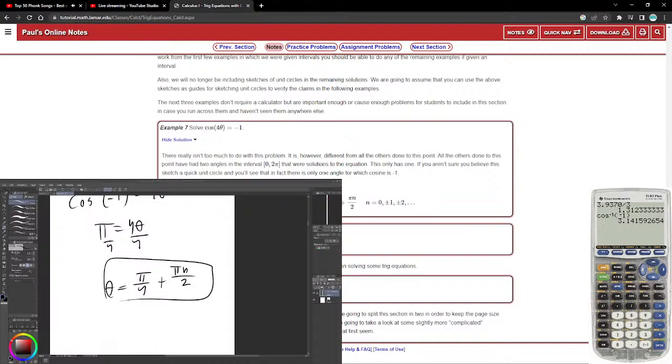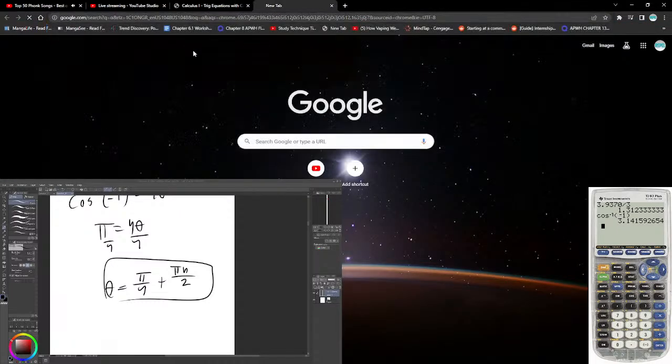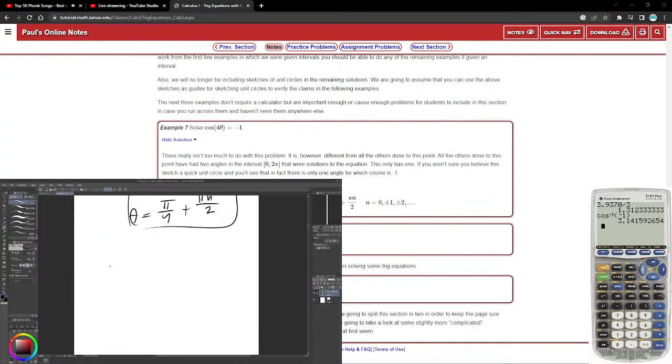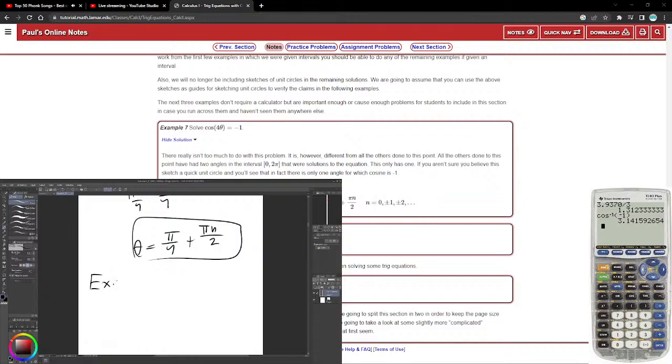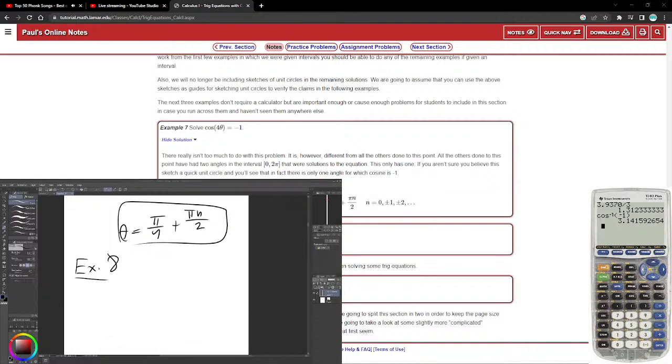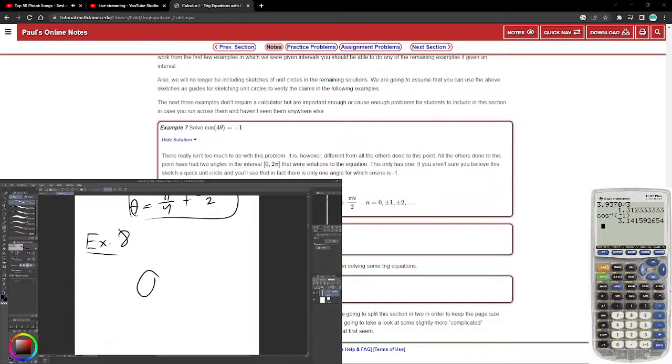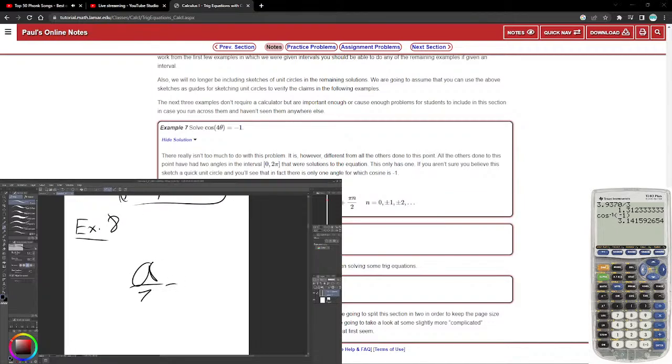Solve sine of alpha over 7 equals 0. Example 8.